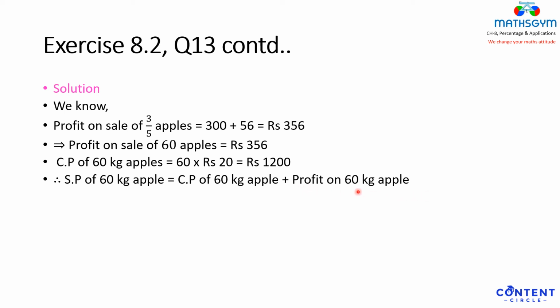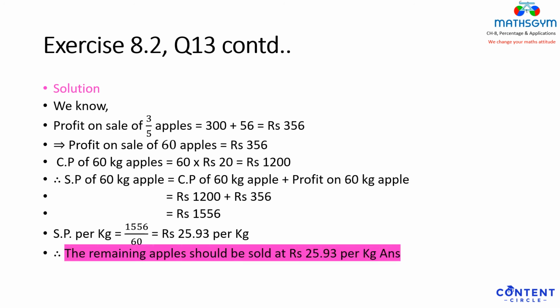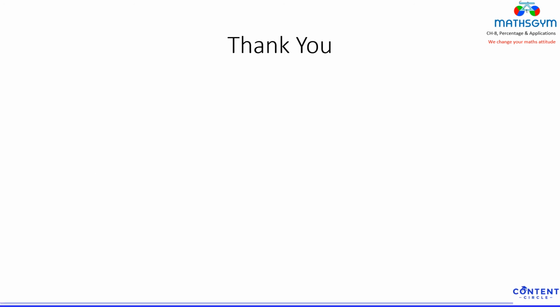And we have just found out that we should be getting a profit of 356. So 1200 plus 356 gives us 1556. So SP per kg, selling price per kg, is 1556 divided by 60, which comes to rupees 25.93 per kg. So the remaining apples should be sold at 25.93 per kg.